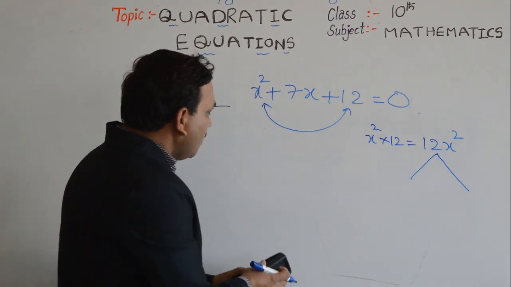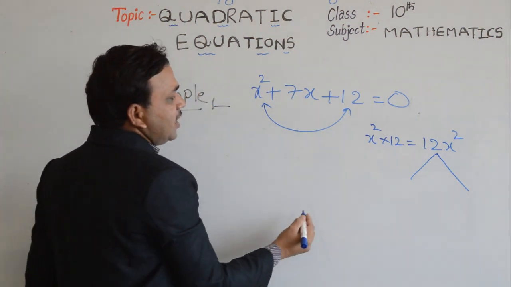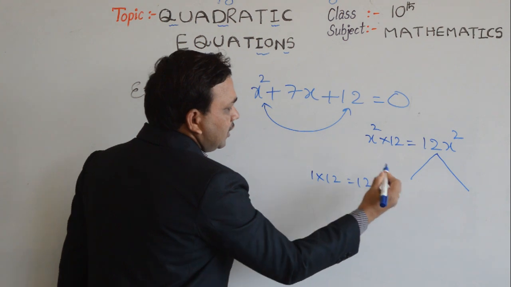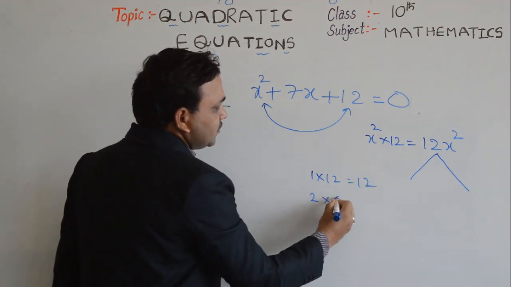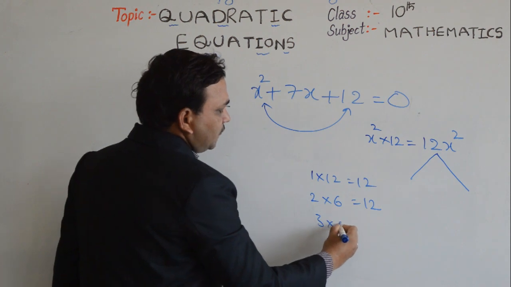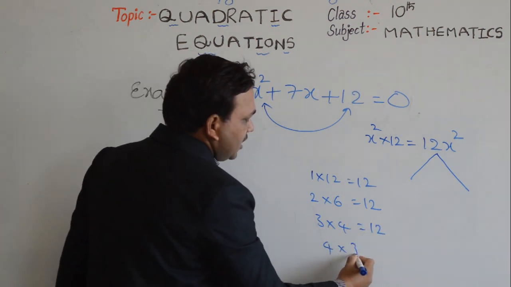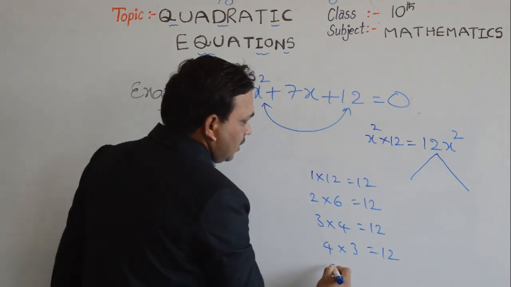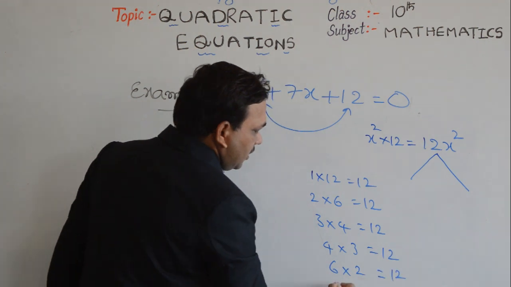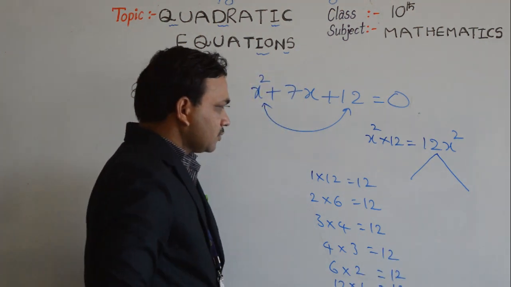Now you see here, 1 into 12 is equal to 12, 2 into 6 is equal to 12, 3 into 4 is equal to 12, 4 into 3 is equal to 12, 6 into 2 is equal to 12, next 12 into 1 is equal to 12.